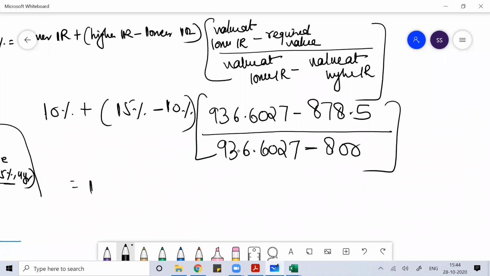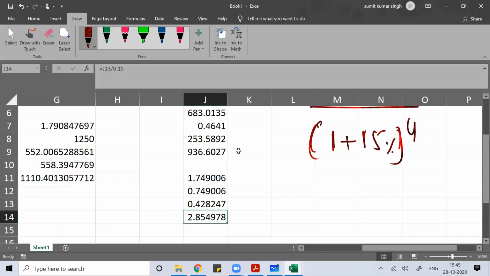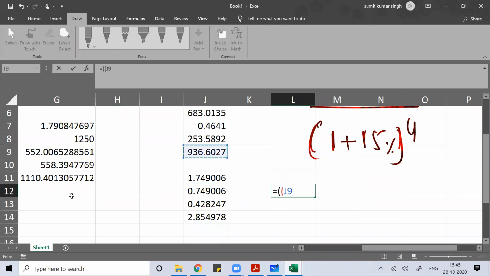So this is 10% plus 5% into 936.6027 minus 878.5, divided by 936.6027 minus 800.